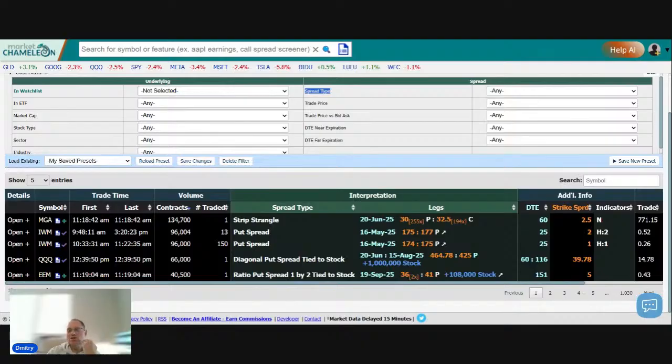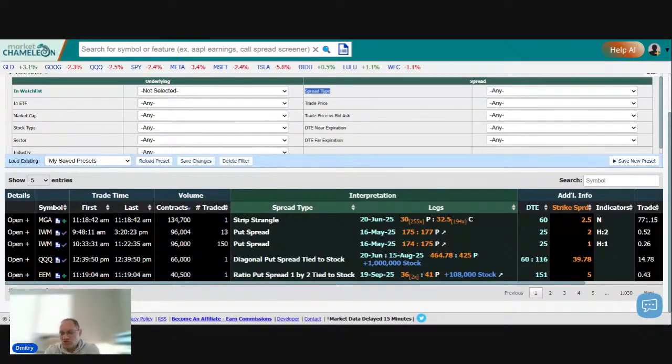And let's say we were looking for a calendar call spread. That's what we're interested in. That's what we're trading. Maybe our outlook right now has to do with term structure, and we think maybe that volatility will increase in the future, decrease, or whatever it is. But that's the strategy we're interested in.